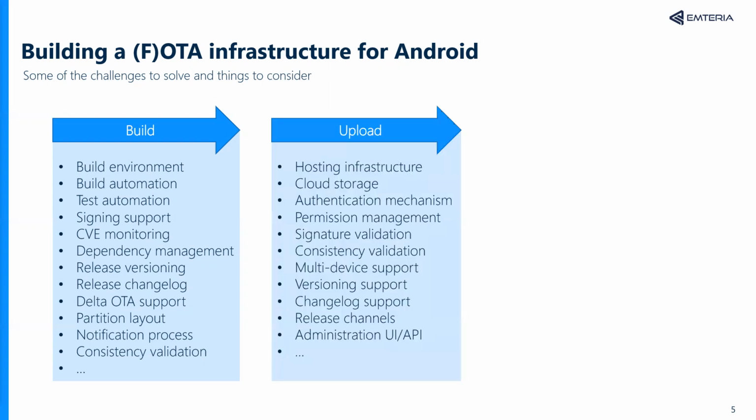So we need some kind of hosting infrastructure where we can upload the image, and ideally it supports some kind of authentication, so not everybody may upload images to my server from my devices. And ideally it supports signature validation, so we shorten the process in case of a failure, right?